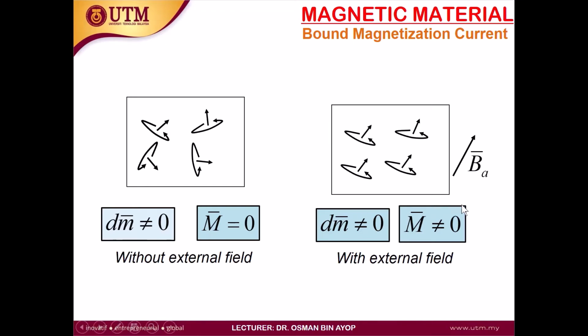For the second case, where we apply an external field BA, you can see that the dipole moments start to arrange in a certain direction, the same direction. In this case, the magnetization is not equal to 0. It has a certain value.